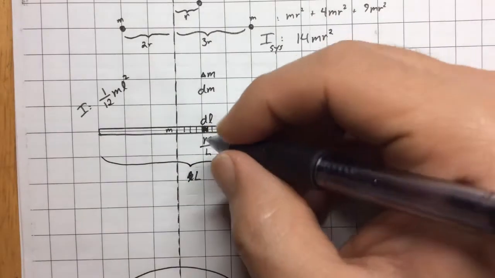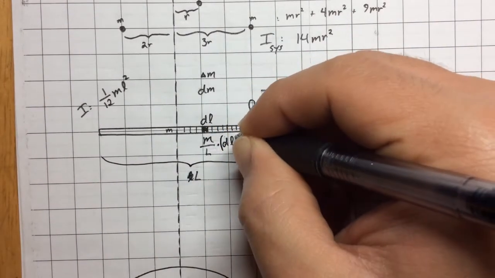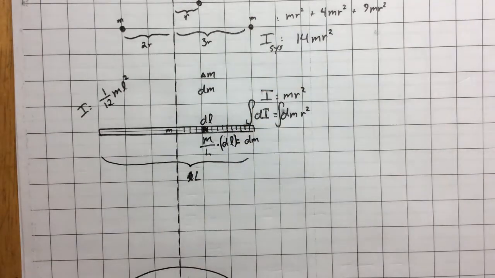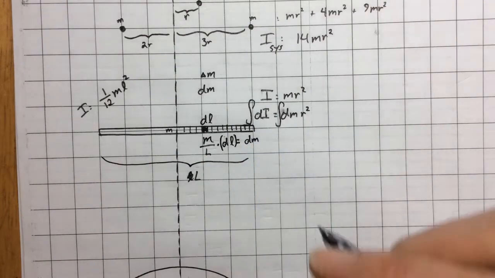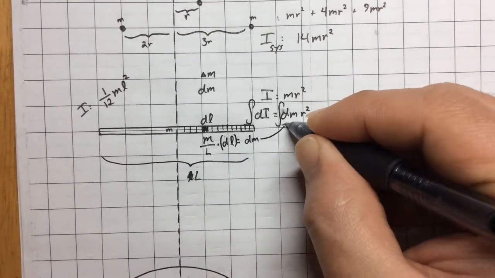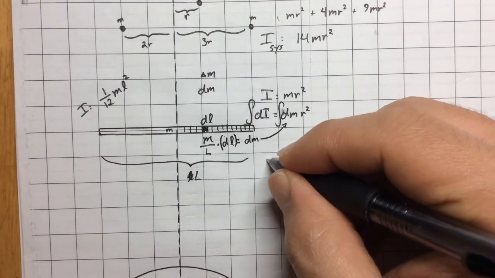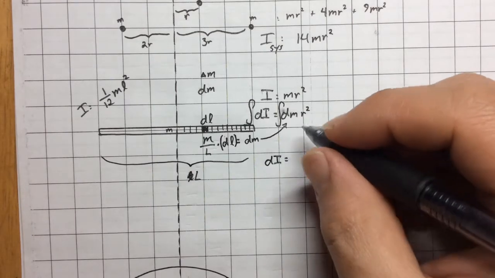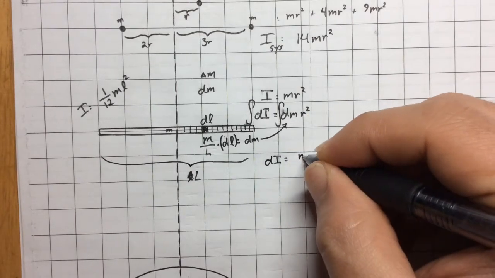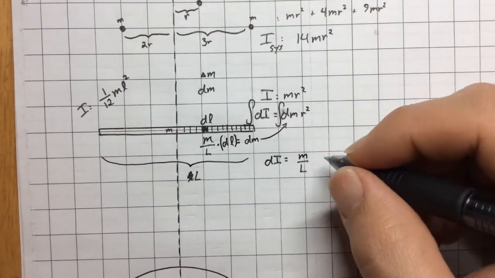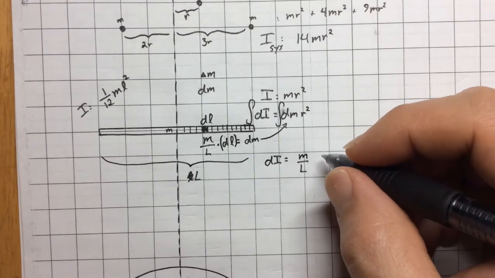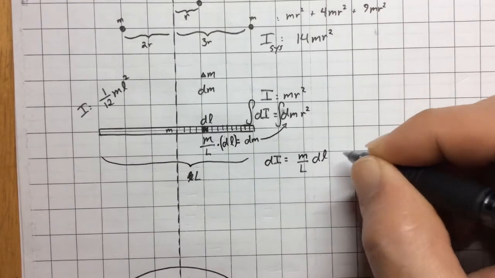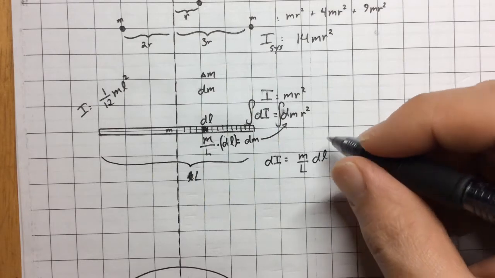It's not d times L. It's literally one full thing, and that's going to represent a small, infinitesimally small piece of whatever we're talking about. Same for this one over here, and we're going to plug that in to dm in the equation. So the small inertia here is equivalent to dm, which is going to be m over big L times dl, and this is going to be multiplied by r squared.